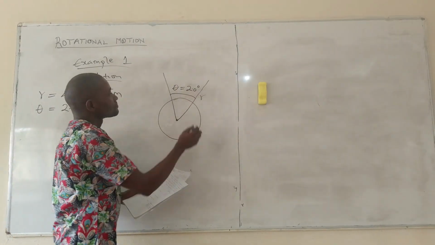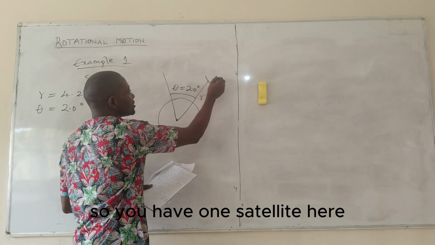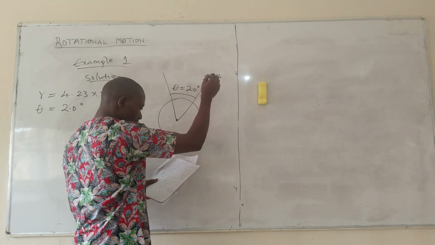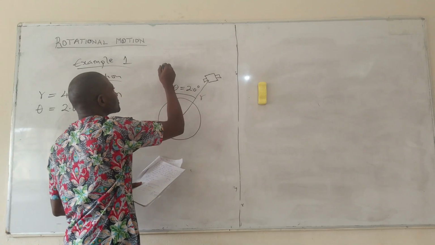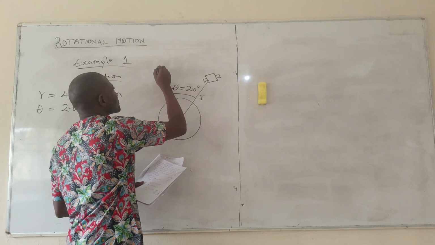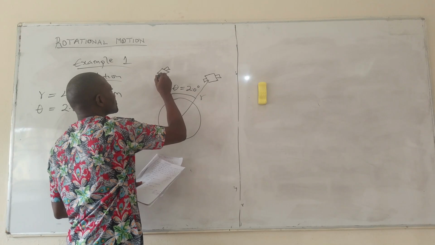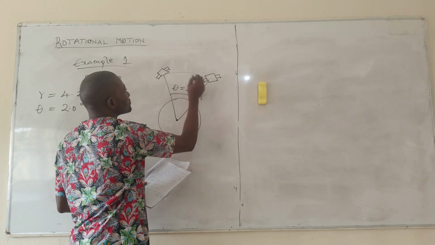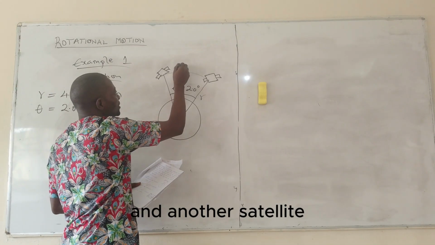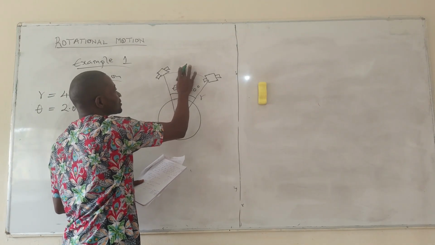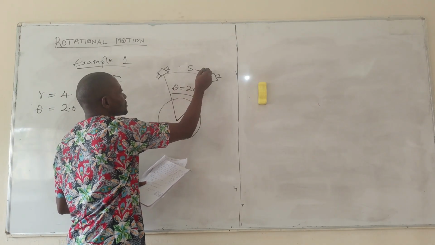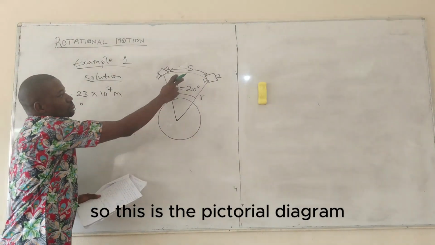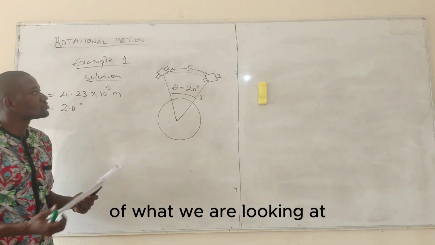This is the radius. So you have 1 satellite here, and another satellite. So this is the pictorial diagram of what we are looking at.